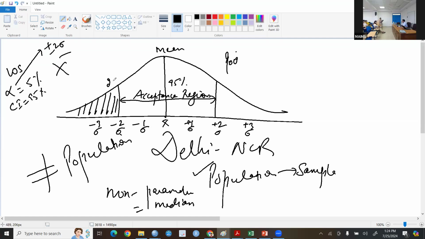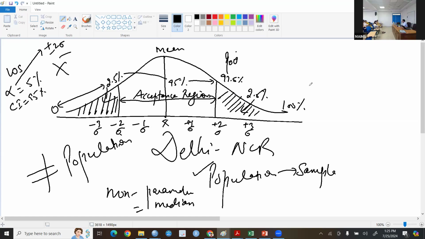Rejection region. So this is 2.5. That means from 0 to 2.5, this is the region. And from 2.5 to 95, this value comes here 97.5. And then rejection region comes here, 97.5 to 100%. This is 2.5. This is rejection region. So that is why the lower bound is called 2.5% and upper bound is called 97.5%.